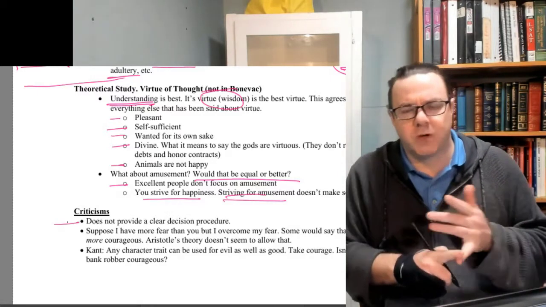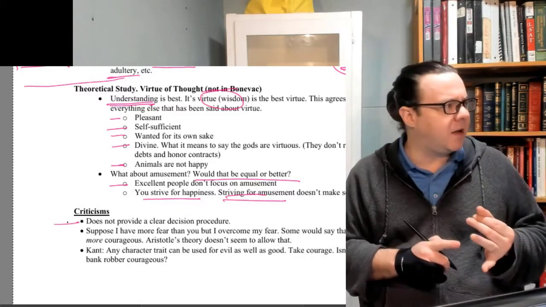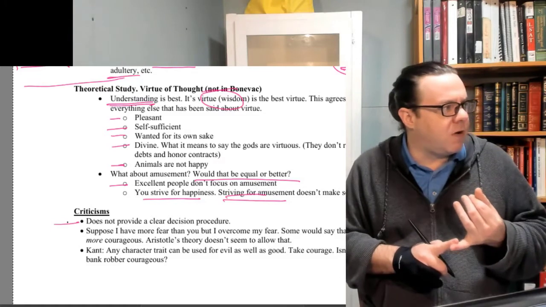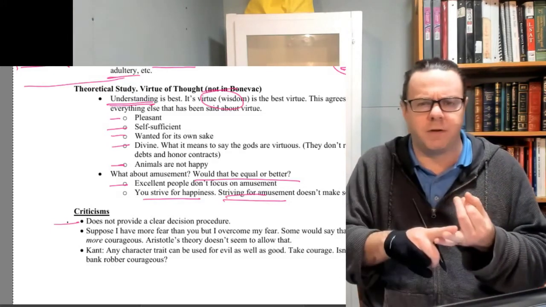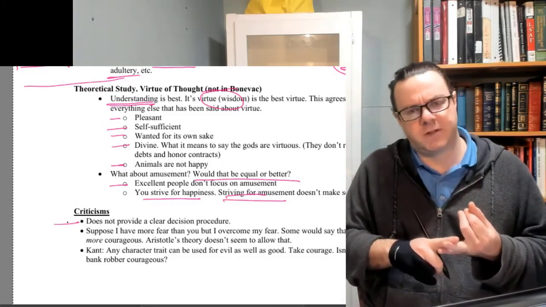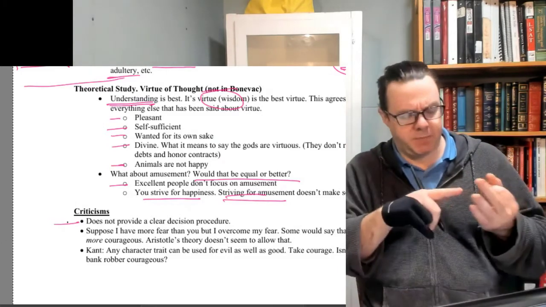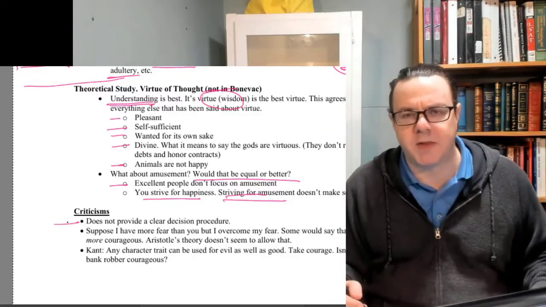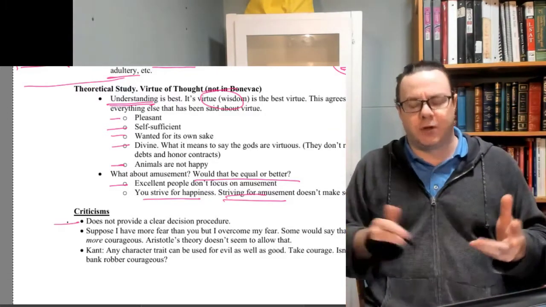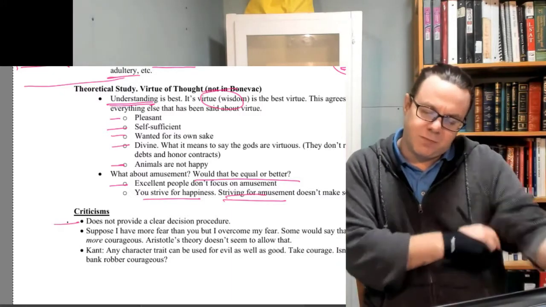I'm not even sure what virtues would apply here, but I guess generosity, maybe caring for others, maybe having concern for others. Maybe there's some virtue associated with that. Be concerned for others. Well, okay, that doesn't tell me something to do though. So there's really no decision procedure here.